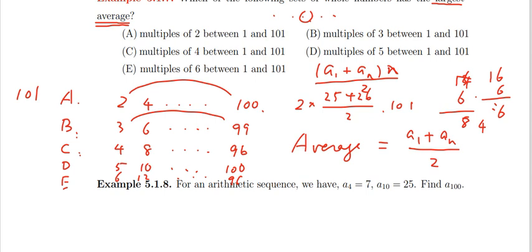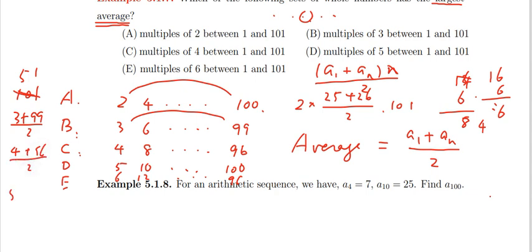Oh, no, I'm sorry, 102 divided by 2, this plus this divided by 2. 102 divided by 2 is 51. Then for B, 3 plus 99 over 2. For C, 4 plus 96 over 2.